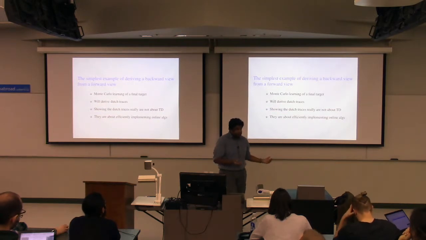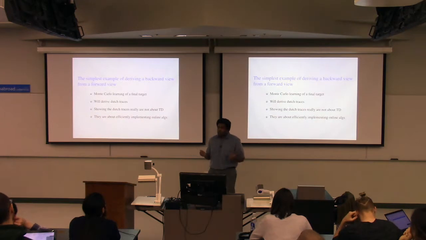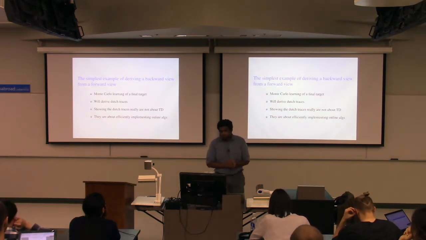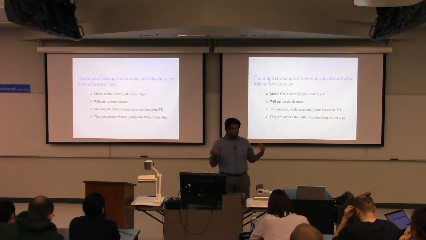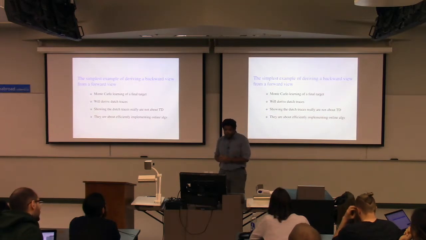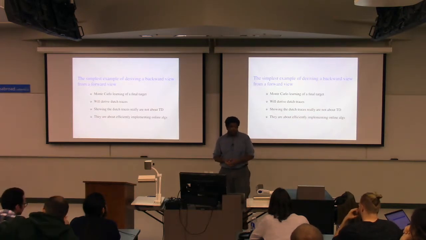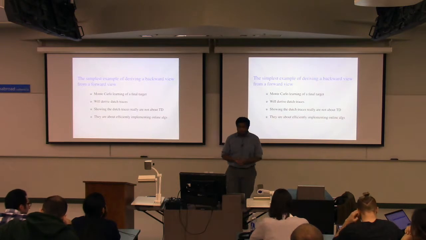So you saw a bit of this, right? But the versions that you saw up to this point would have been more approximate. Okay, so we're all familiar with Monte Carlo learning, right? You just have a target that you're trying to estimate. We'll derive these Dutch traces for the Monte Carlo setting, and they'll look the same as for TD.